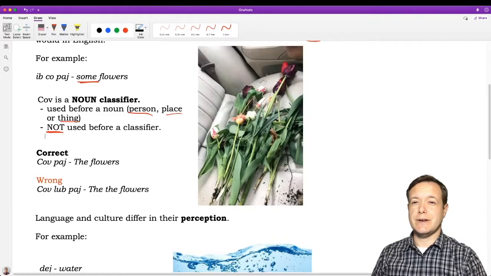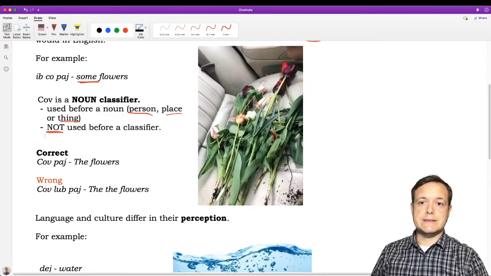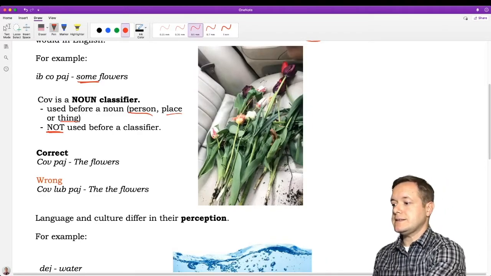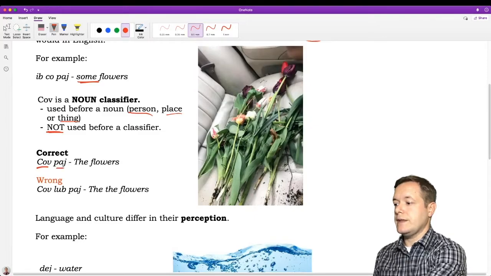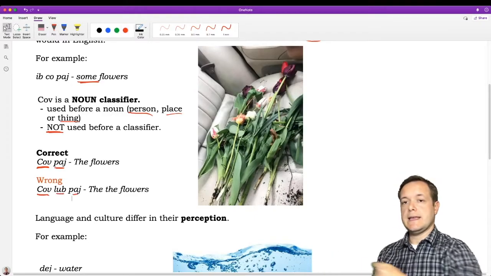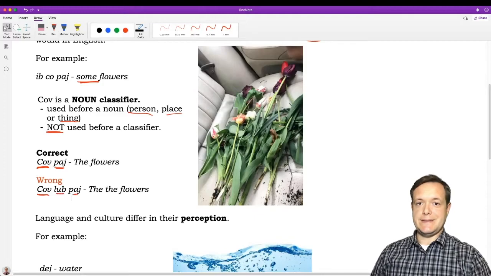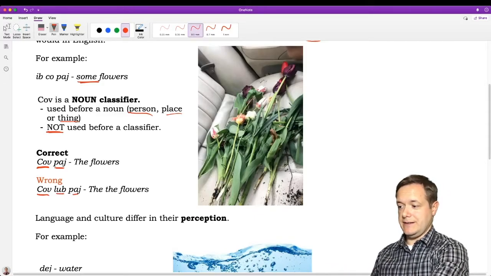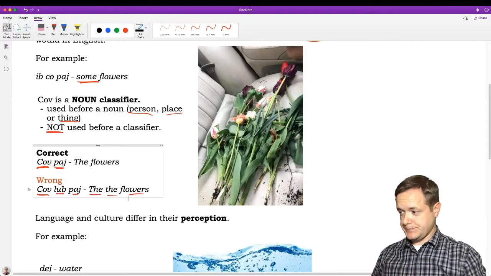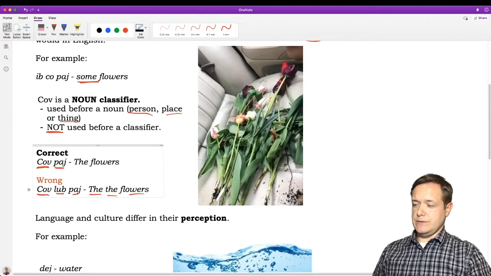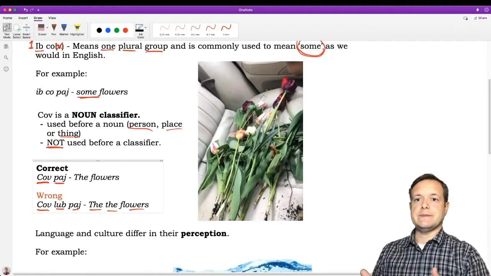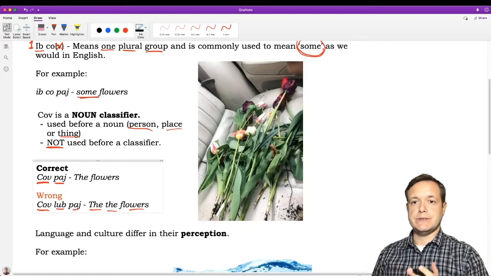So again, to see that in practice, a correct sentence: jaw pa. We have jaw as the noun classifier and pa as the noun. But if you were to say jaw lu pa, it doesn't mean anything. I mean, it'd be similar to saying "the the flowers." So this hopefully isn't very abstract. It makes sense. We would use jaw to pluralize something, pluralize a noun.